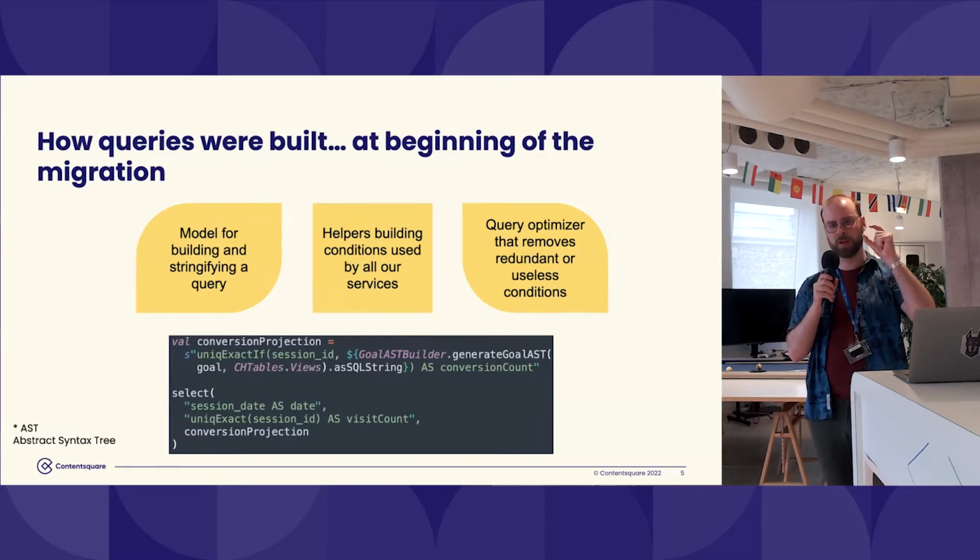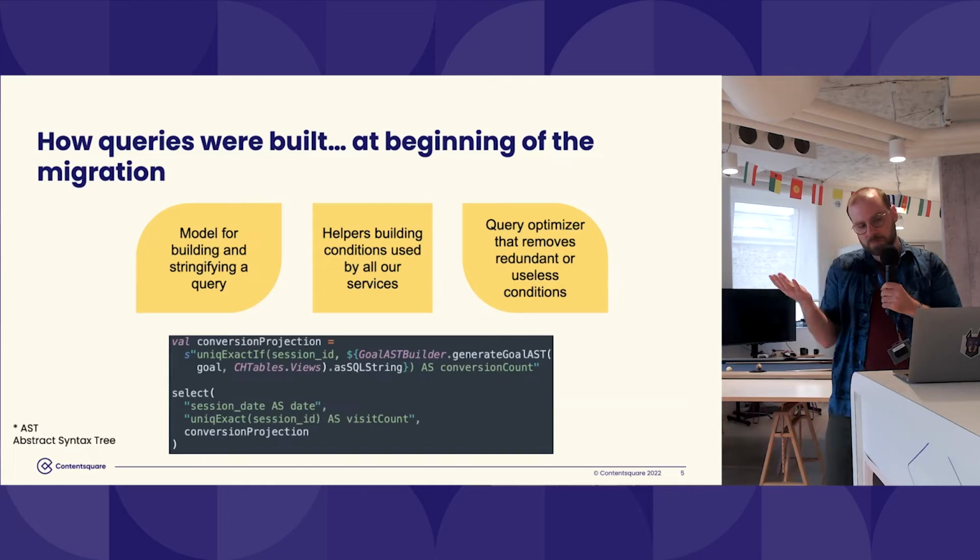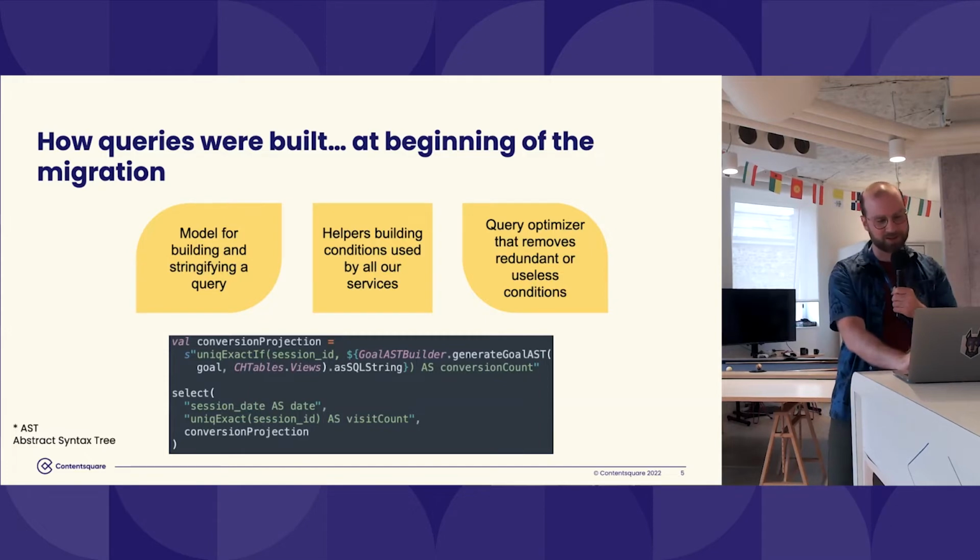That way they can really dig into the data. So this is something that's available throughout the solution. And so for these reasons, we built some helpers that create the conditions that are available everywhere. We don't want to duplicate everything, so we try to have a way to make the code not so ugly.